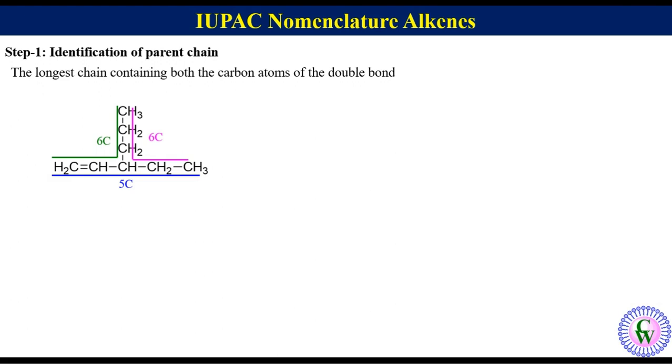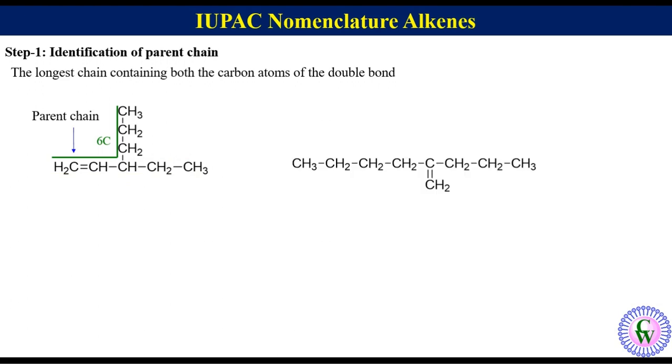So there are 2 longest chains, one has both the carbons of double bond and another doesn't have any carbon atom of double bond. So this longest chain with both the carbon atoms of double bond will be the parent chain. Let's have one more example.